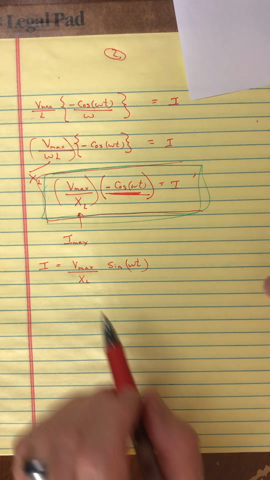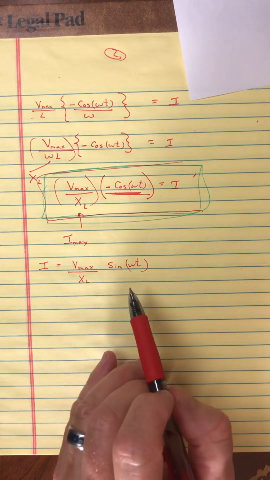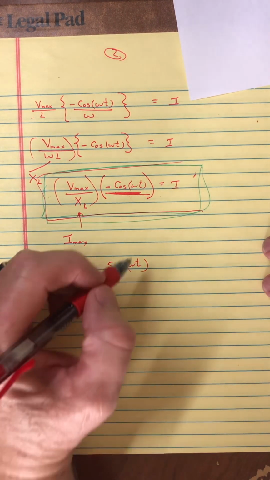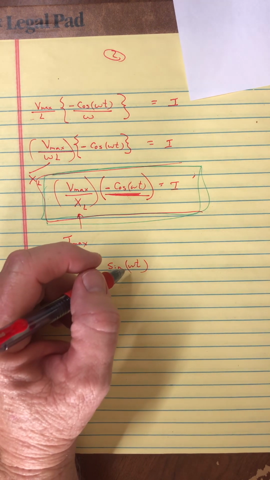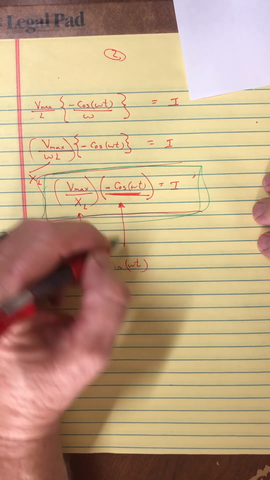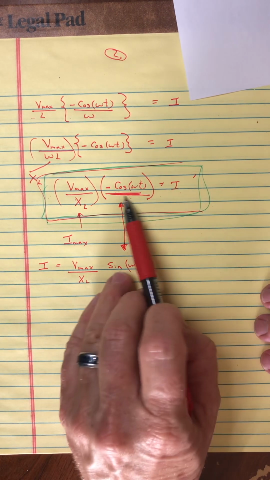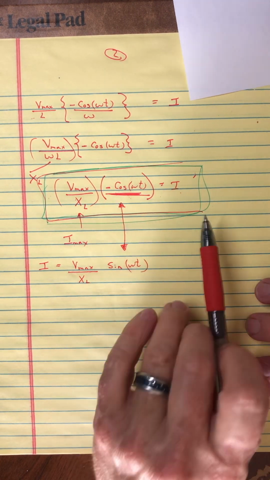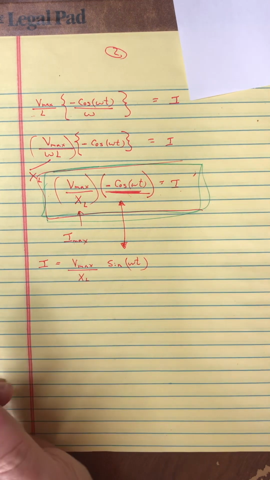I'm sorry, sine omega t. That's really the key. And all of my 11 minutes and 25 seconds of talking here was really just a justification of why I could take this equation in class that we had with a negative cosine and just get rid of it and write it as a sine.